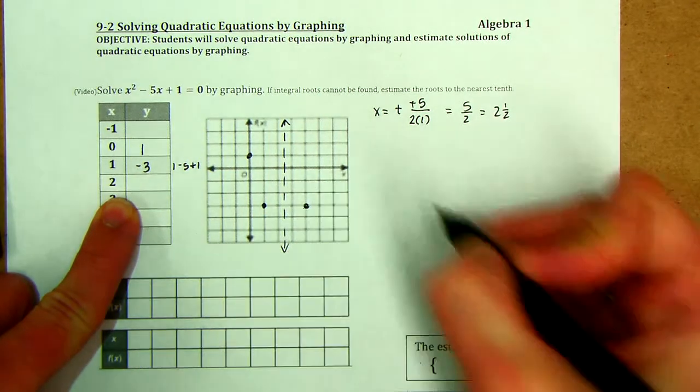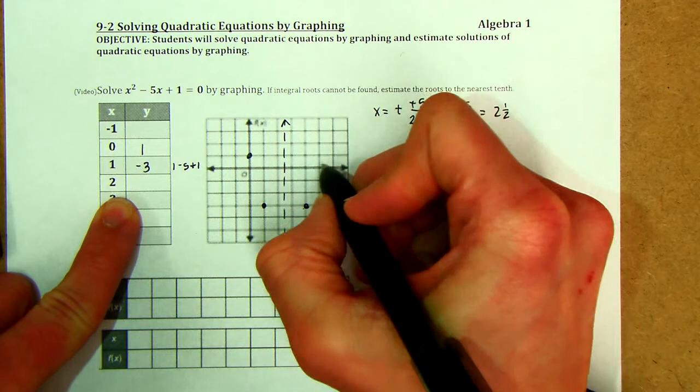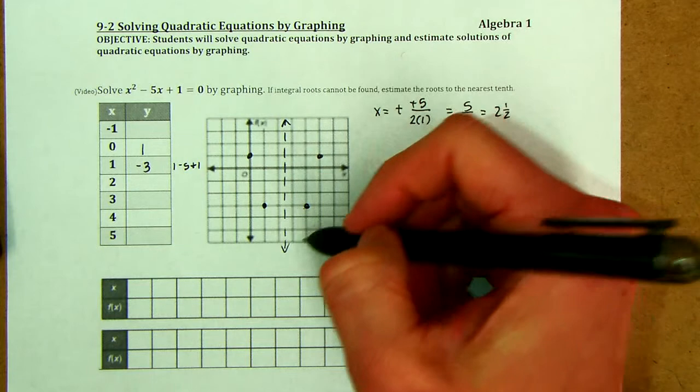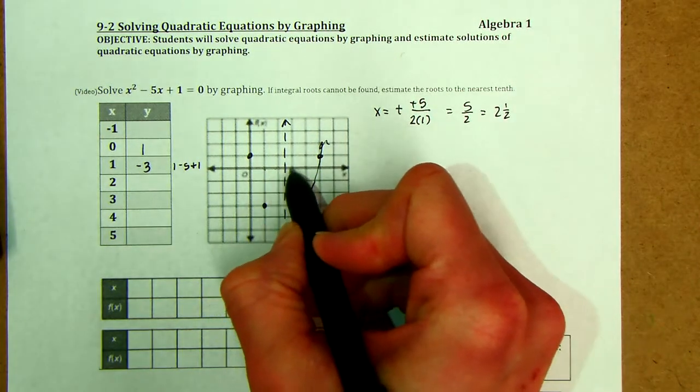And honestly, I don't need any more if I'm estimating, because I already know that this is going to cross somewhere between 1, 2, 3, 4, and 5, and this one's going to cross somewhere between 0 and 1.